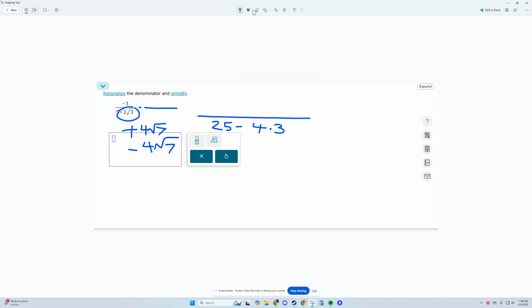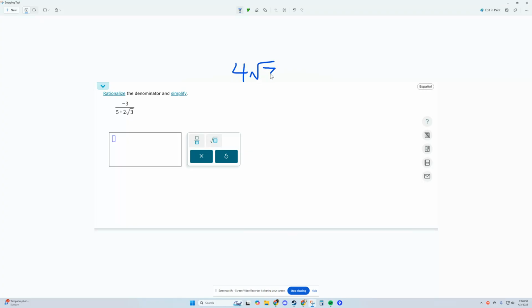Actually, no, let me show you. Let me give you an example. Before it might be like 4 root 7 minus 6, times 4 root 7 plus 6. Actually, that might still cancel out. Let's try to FOIL.